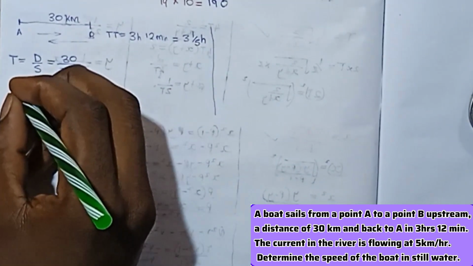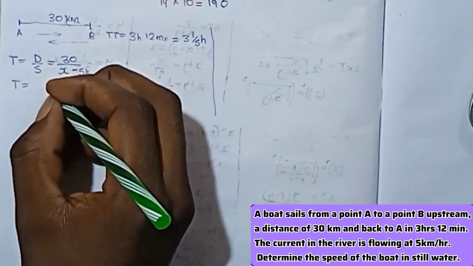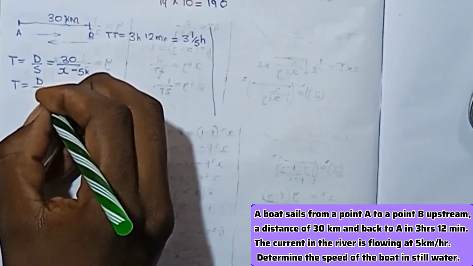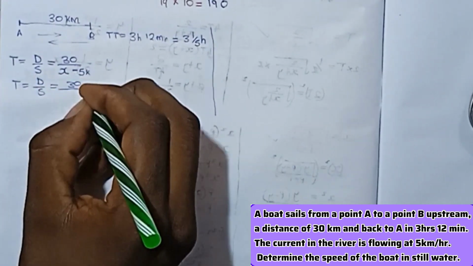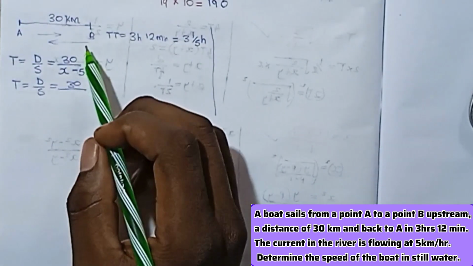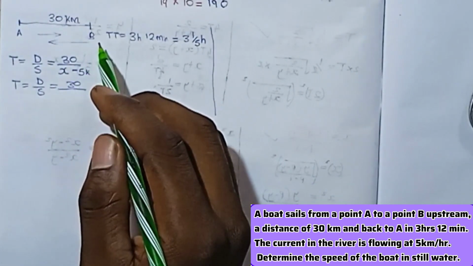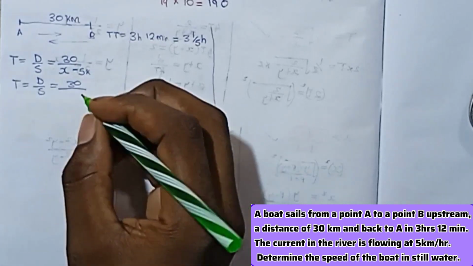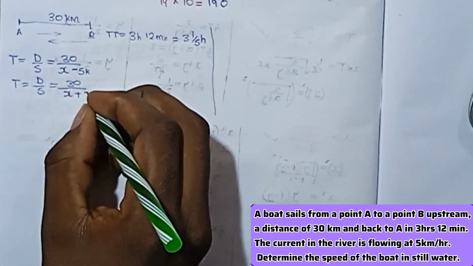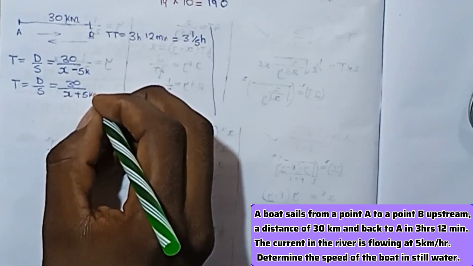When going downstream, time is equal to distance over speed, which is 30, but it will be moving with an additional 5 kilometers per hour, so we'll have x plus 5 kilometers per hour.